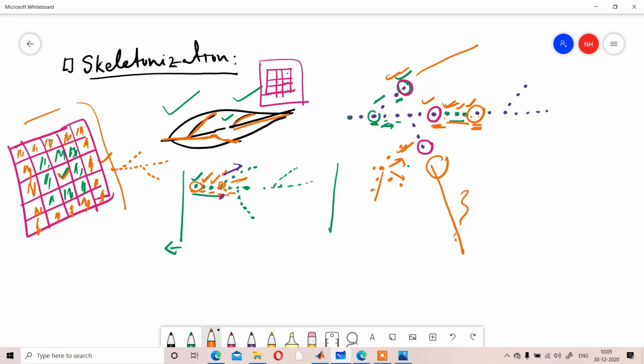Exactly. Good question. If we stop searching here after 4 neighborhood, if you stop searching here, what will happen? It will stop searching here, but it will continue. Now after that all the neighborhood you will get, so you will get that structure.